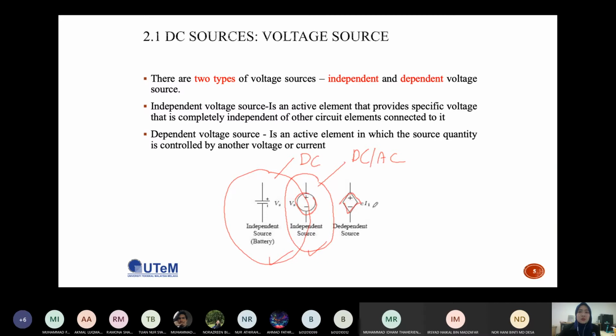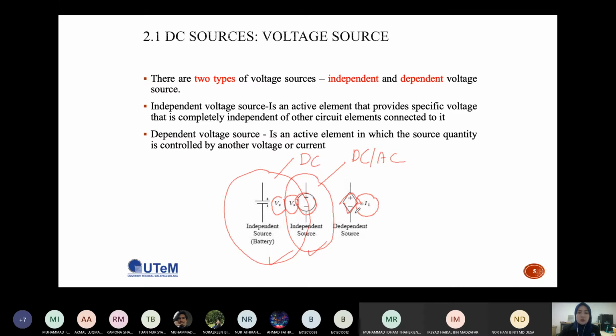Another thing that you can look into to differentiate whether it is an independent source or dependent source is the value itself. For the independent source, the value is Vs, a voltage value, so it is independent of the other elements.